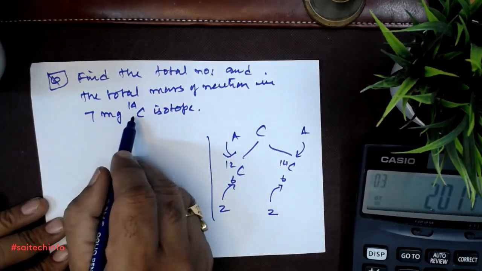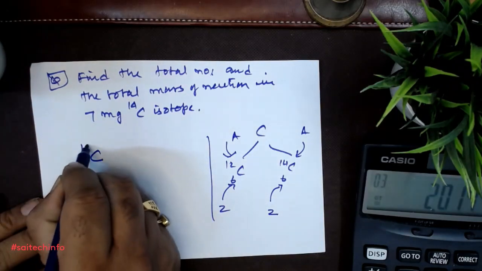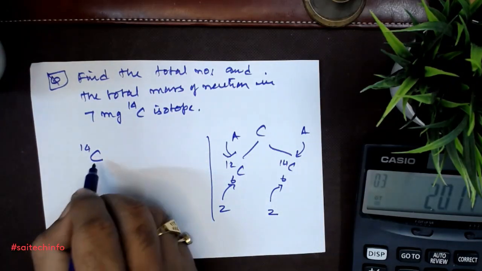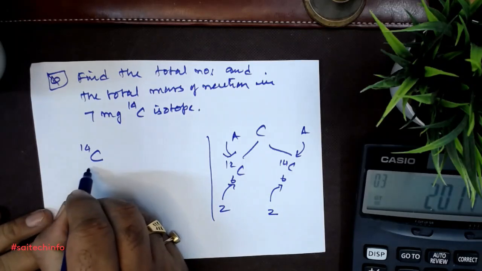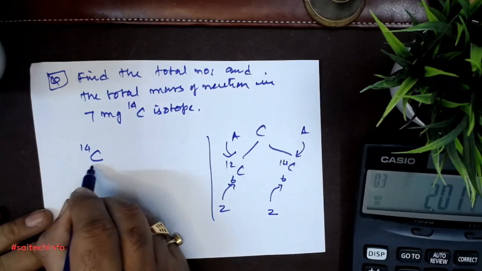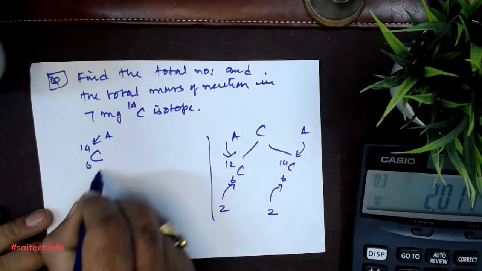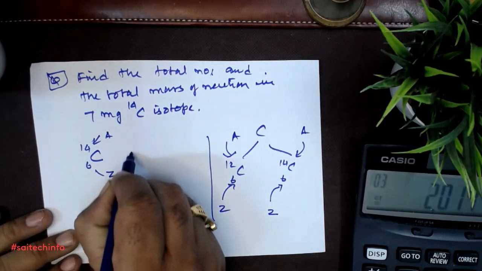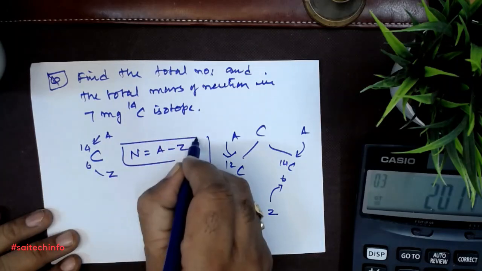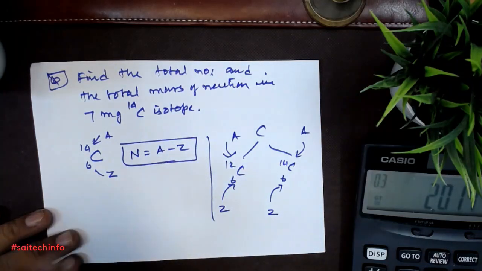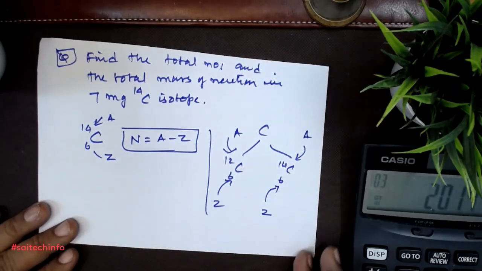Now listen, write the element carbon 14. What is the atomic number of carbon? 6. So this is A, this is Z. See, the neutron number is A minus Z. When you subtract the atomic number from the mass number, you will get the number of neutrons.